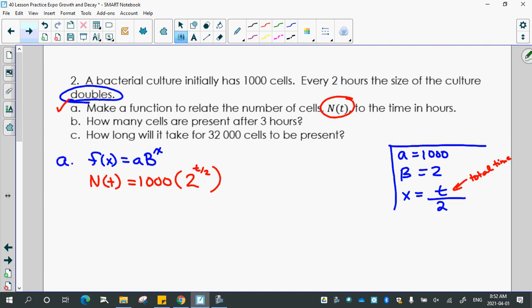Okay, so B, how many cells are present after 3 hours? So it's giving me the time, 3 hours. So it wants me to find the number of cells at 3, or n at 3. So n at 3 is equal to 1,000 times 2 to the 3 over 2.